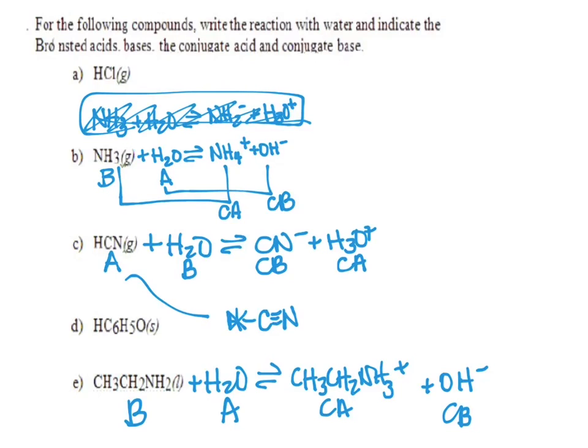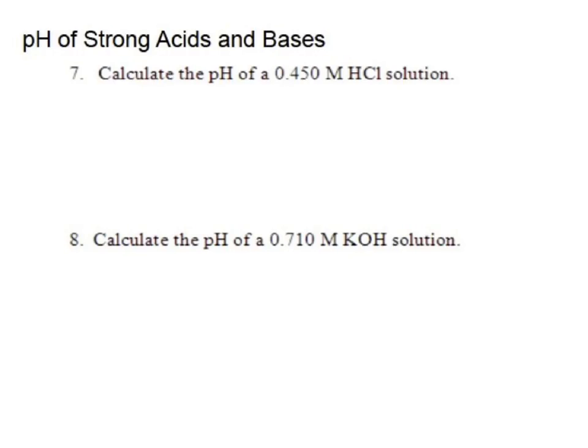Okay. And last slide. pH of strong acids and bases. So calculate the pH of a 0.45 molar HCl solution. The first thing that you need to do is, we know HCl is a strong acid.